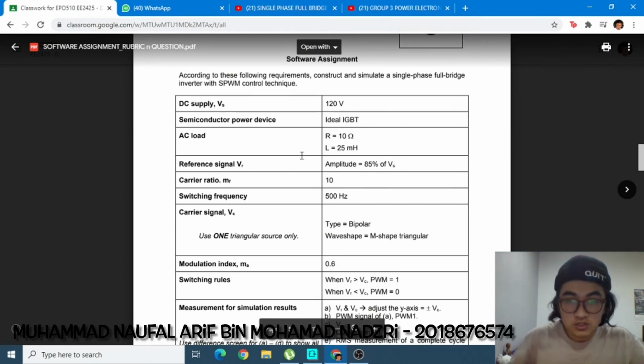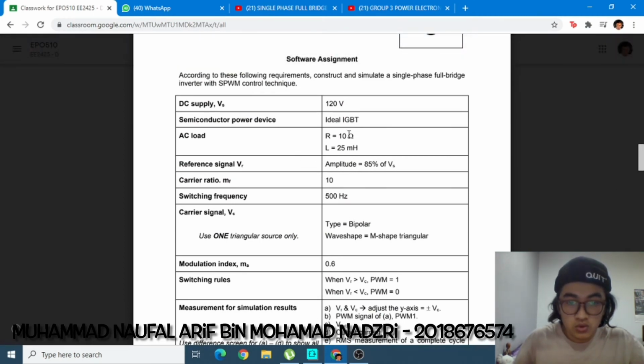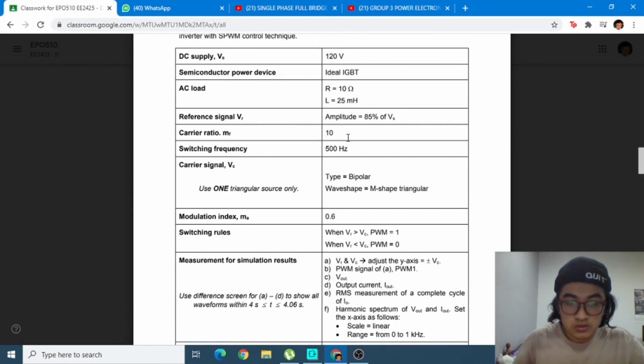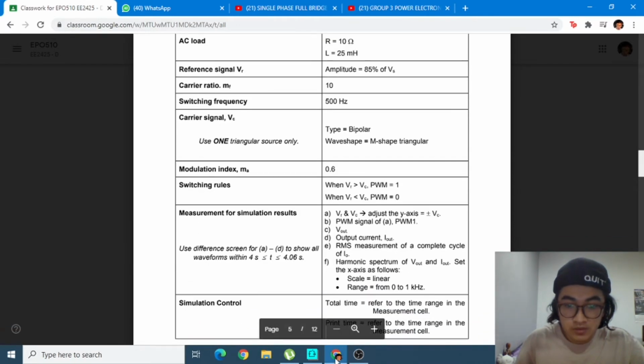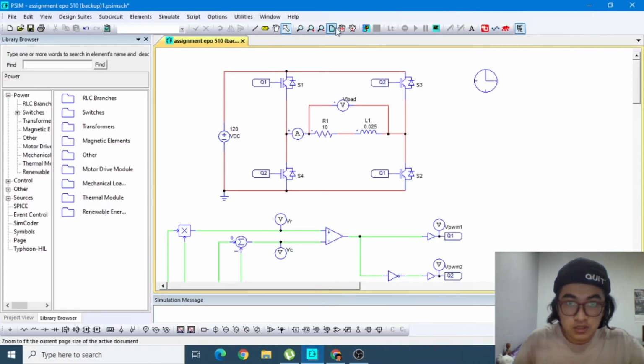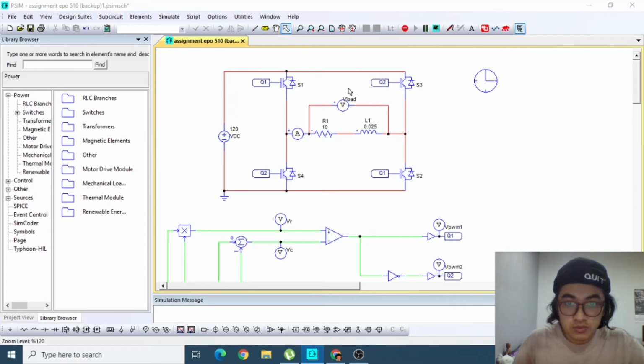Assalamualaikum, I'm Naufal. I want to show you the measurement results for question 3. For question A, we want to simulate the waveform for VR and VC.